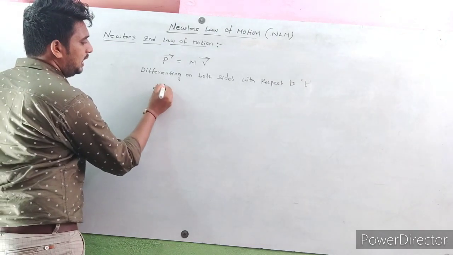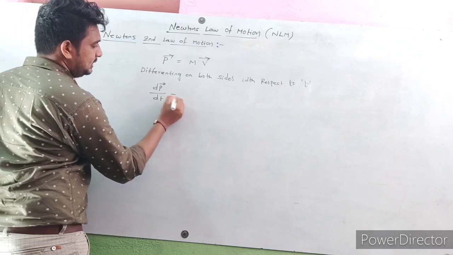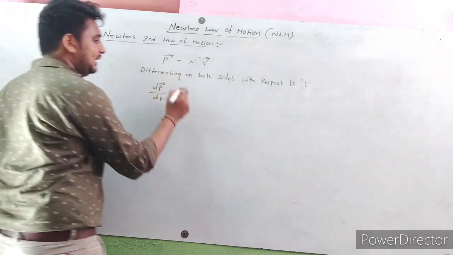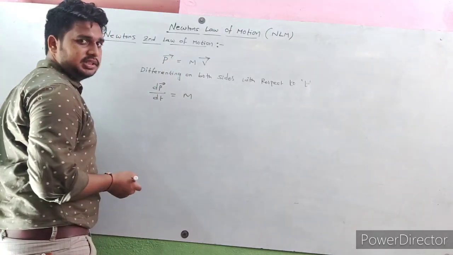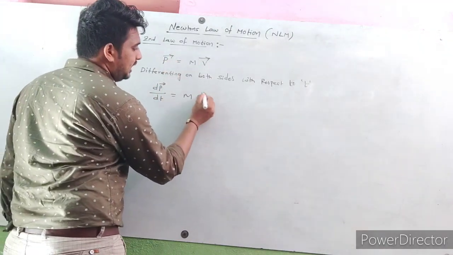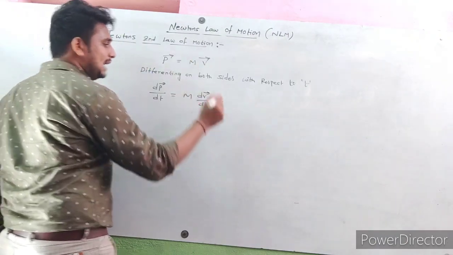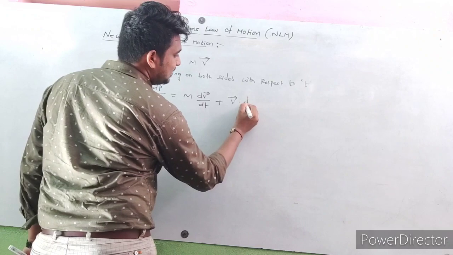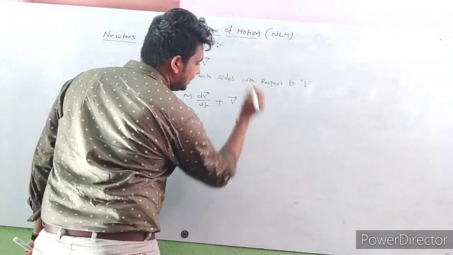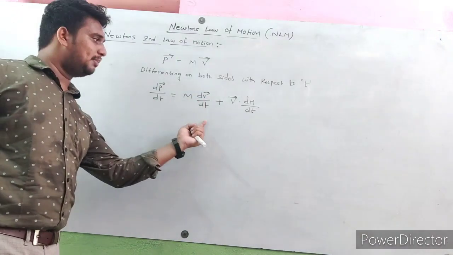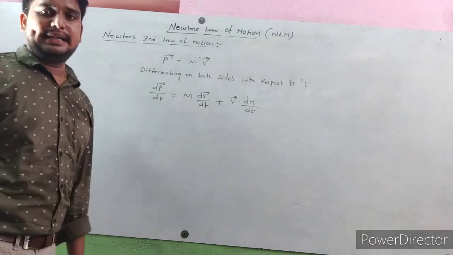So what we got: dp bar by dt is equal to, for differentiation of a product, first take m as constant, differentiating v bar, dv bar by dt, plus now take v bar as constant, next we write dm by dt. So dp bar by dt is equal to m into dv bar by dt plus v bar into dm by dt.